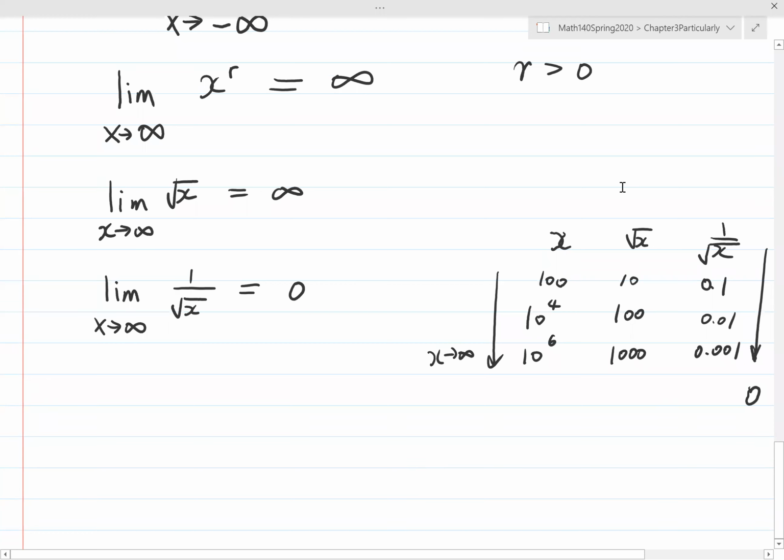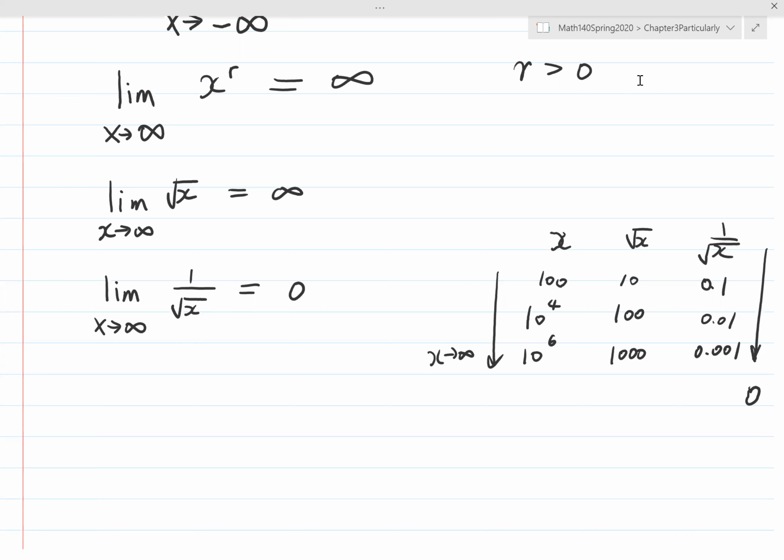Now when we do negative infinity, we need to be careful because of x to some power r. If r is a rational number, for instance 1/2, then we need to take a square root, and we need to be really careful because we don't want to take a square root of a negative number.